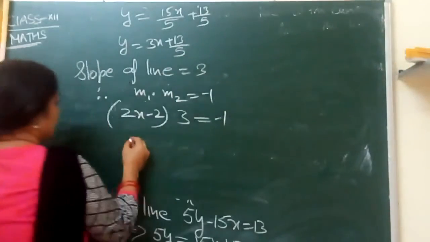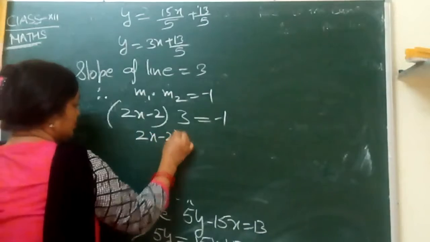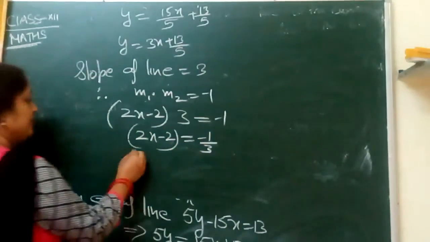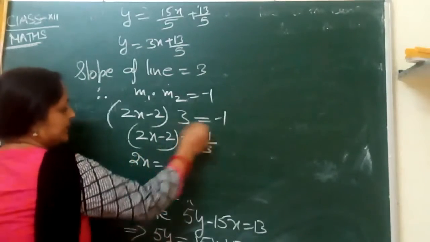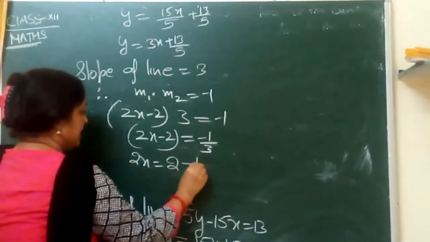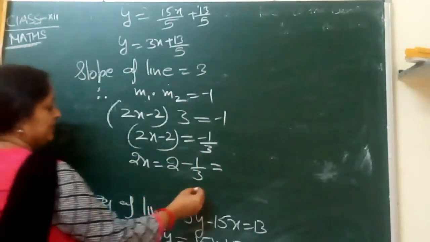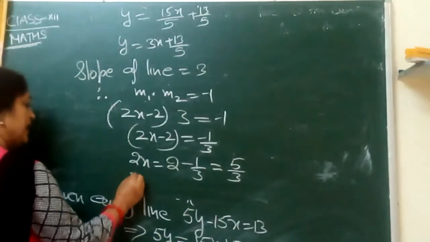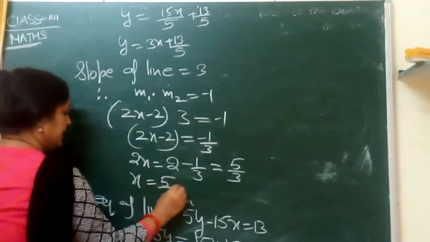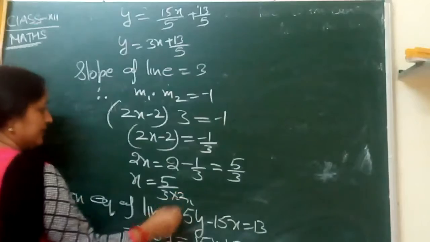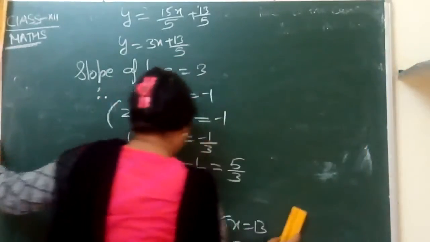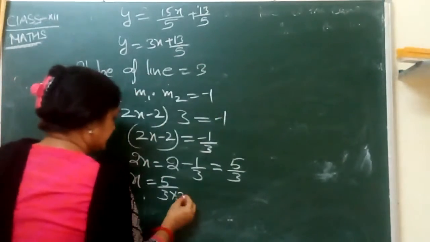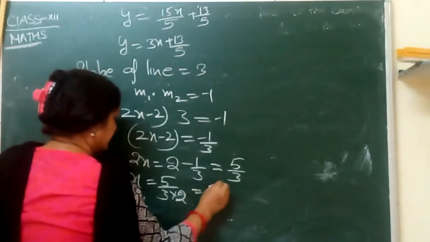So 2x - 2 = -1/3. After that 2x = 2 - 1/3, taking LCM, it will come 5/3. So x will be 5/3 into 1/2, so it will come 5/6. The value of x is 5/6.